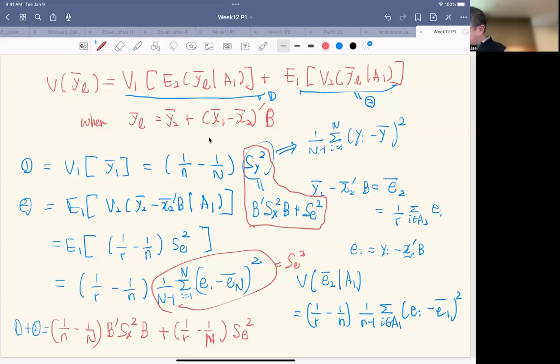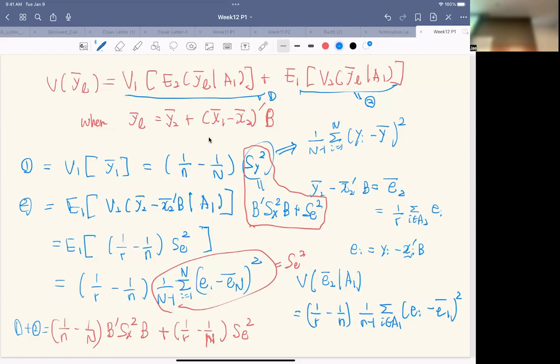And the interesting part is that total variance has two components. One is the component that is explained by x, and the other is the component that is not explained by x, right?